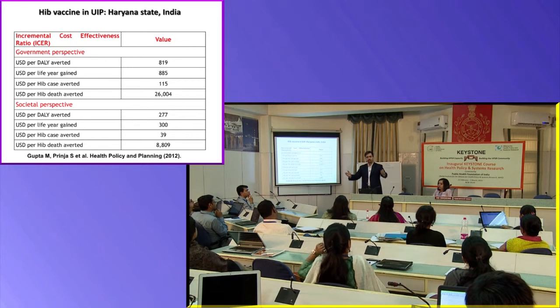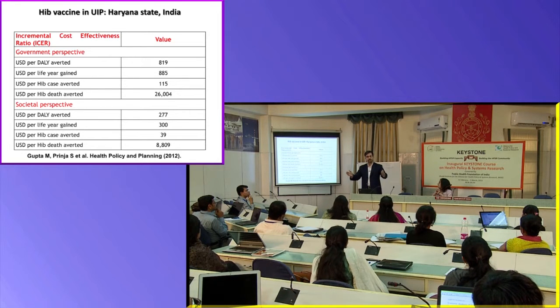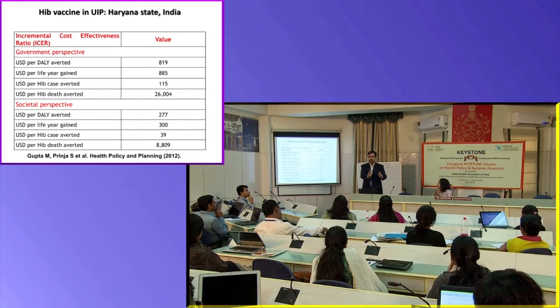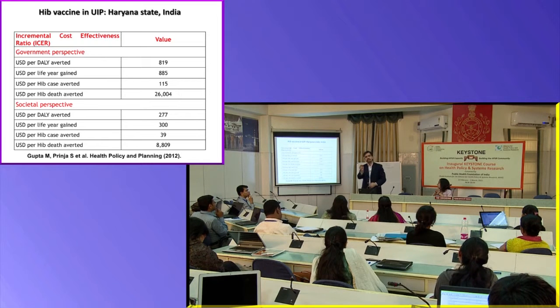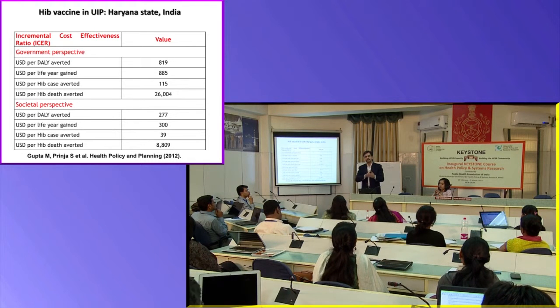So, if 10 people fall sick for half a year, that means 5 years, and during those 5 years they live at half of full health. So, 2.5 are the years of life lived in disability. So, you add 150 plus 2.5, this is 152.5, this becomes DALY, this is YLL plus YLD.